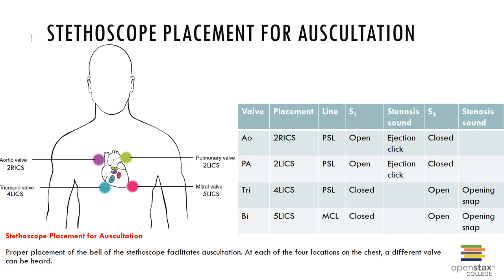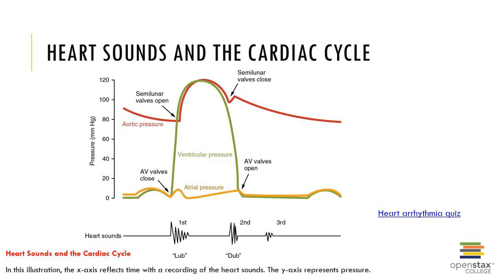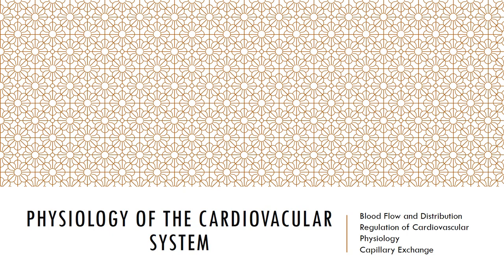Abnormal heart sounds are called heart murmurs, such as during mitral valve prolapse. And you can also see the stethoscope's placement in order to auscultate or listen to the heart sounds. Now let's look at some of the physiology of the cardiovascular system.